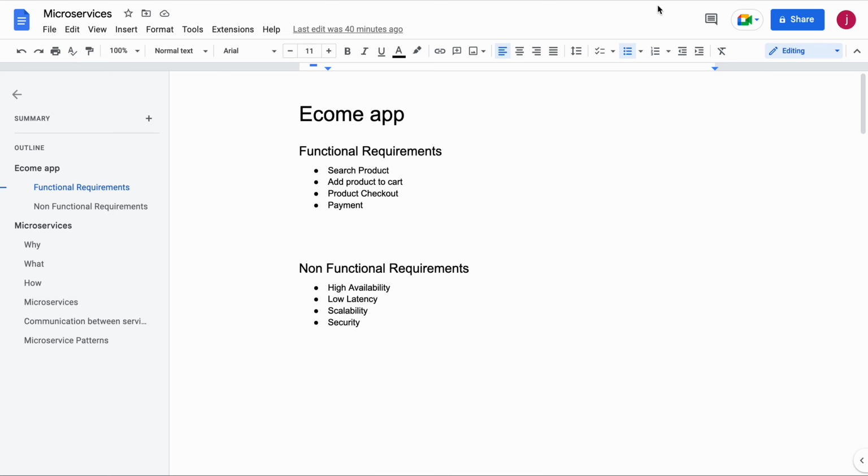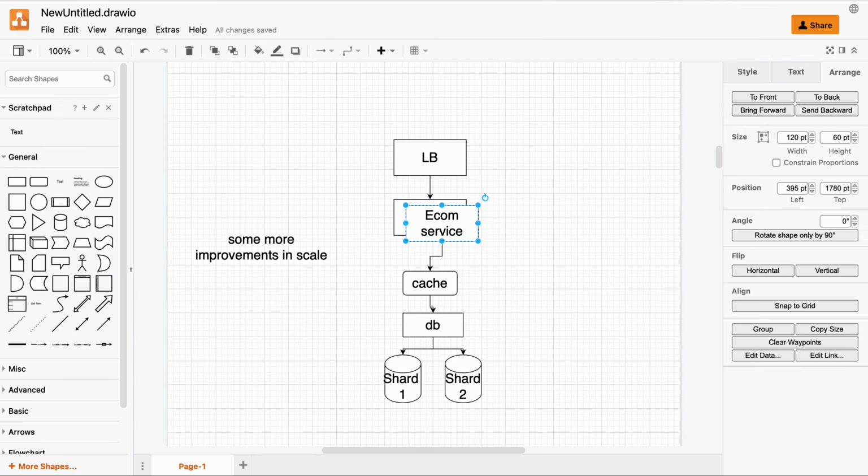The application that you currently have is everything in one place, which is shown here. So this becomes a huge application in itself.